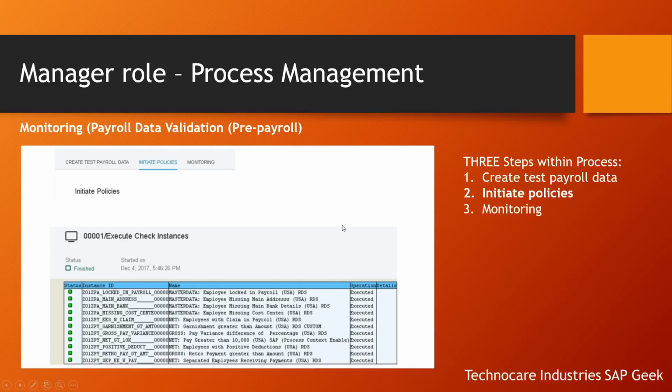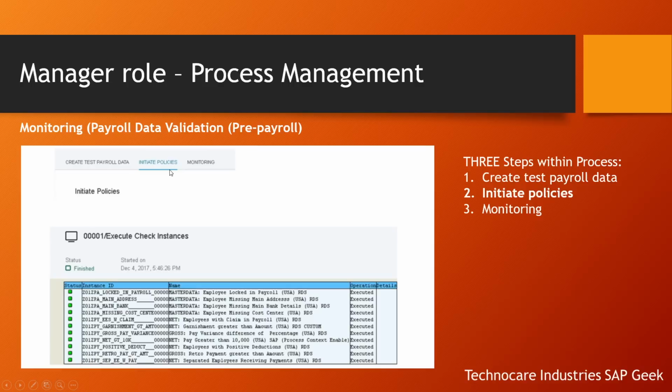So basically the same screen of SM37 display is pulled out on this initiate policy summary. Once this operation is executed and step is completed, you'll be able to see the summary directly from payroll control system. You don't have to log into ECP for this. Okay, so this is the second step, initiate policies.